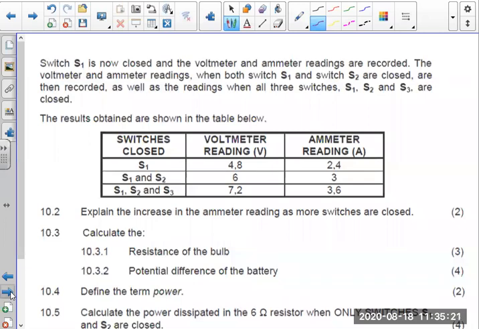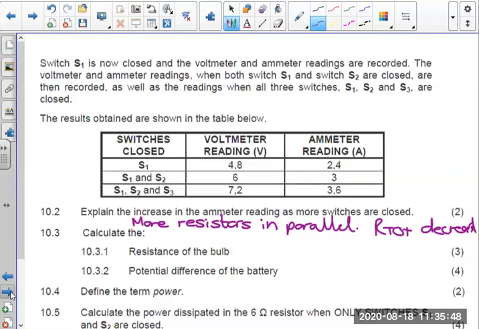For 2 marks, they wanted you to say: more resistors in parallel, so R total will decrease, and if R total decreases, then I total will increase. This is how we get the answer for the ammeter reading.